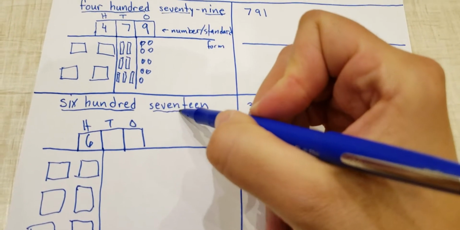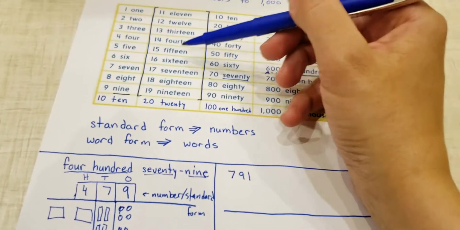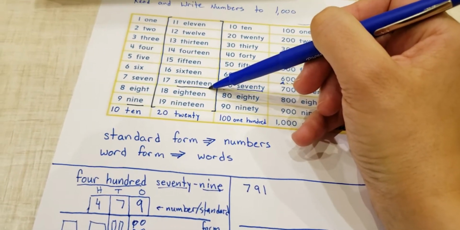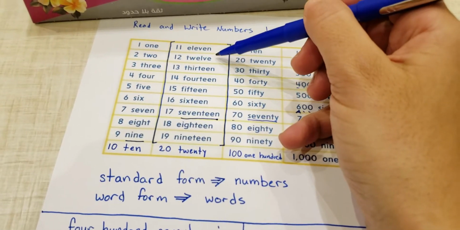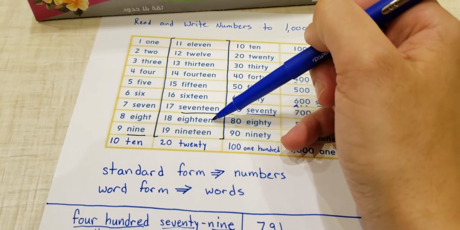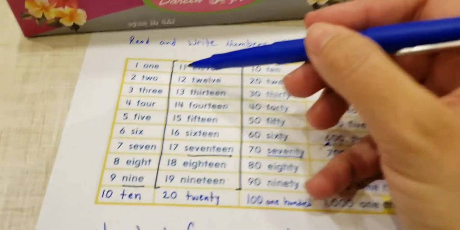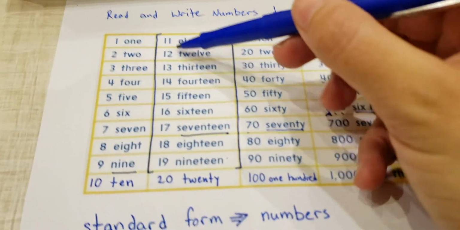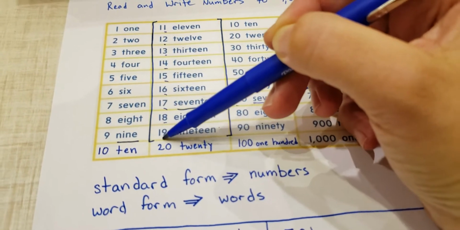And it says 17. Okay. 17 is here. All right. And these numbers 11, 12, 13, 14, 15, 16, 17, 18, 19 are kind of special because as you can see, they do not have a 0 in the ones place value, okay?